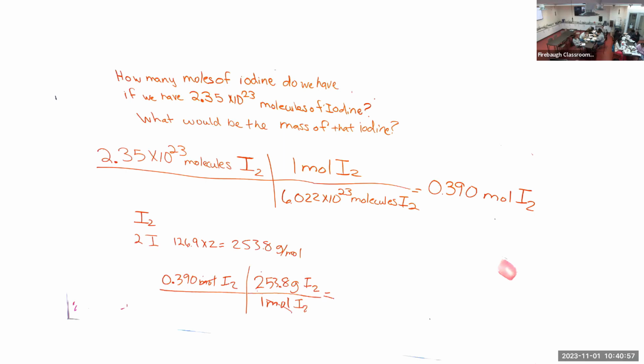What did you guys get? Okay, so we have 3 sig figs. So then the answer should be, well, it's going to be grams, but we have 3 sig figs. 8 point, is it 8 or 9? 9.